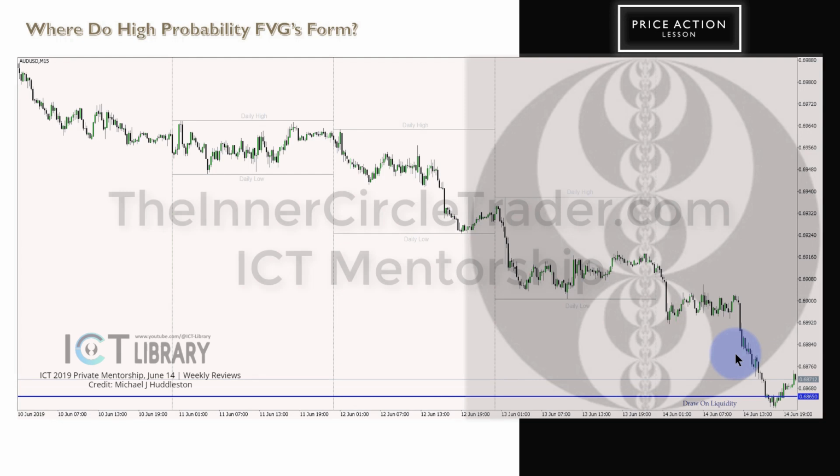One single pass candle in the middle, where there is no back and forth delivery of price. It's usually one-sided, and you look at the candle to the left of it and the candle to the right of it, and that defines your fair value gap. That phenomenon is fractal, so it exists on all time frames.